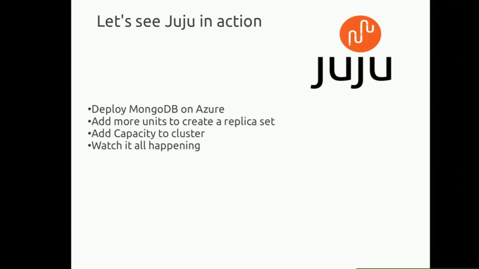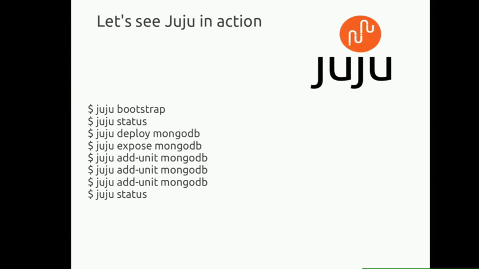Hello everyone. We'll be running a deployment of MongoDB on Juju. MongoDB, as you know, is one of the leading NoSQL databases, and has anyone tried to install MongoDB on any platform here? Do you know that it's extremely complex to follow all the steps to actually get a MongoDB server running? I will show you how easy it is to do it with Juju.